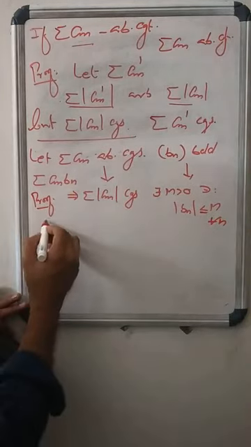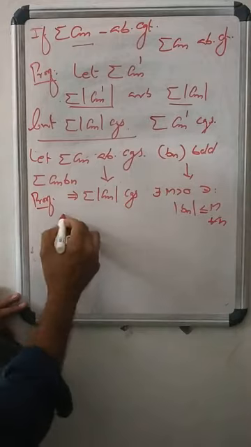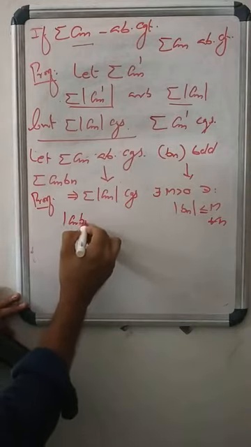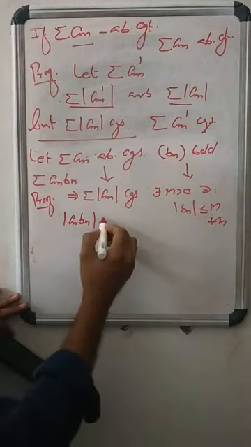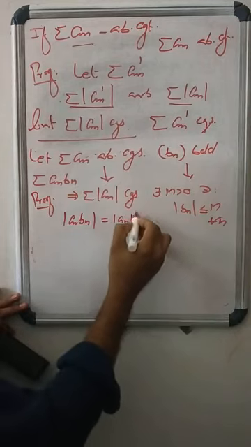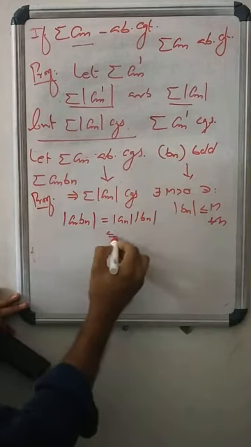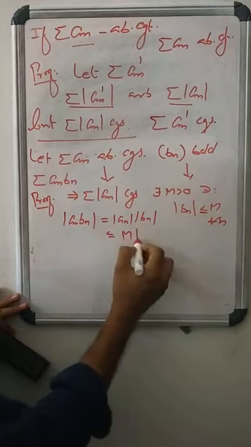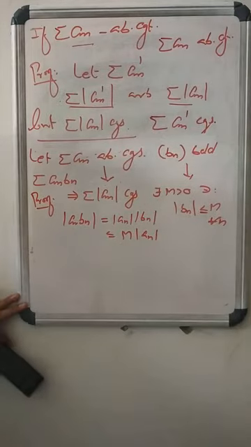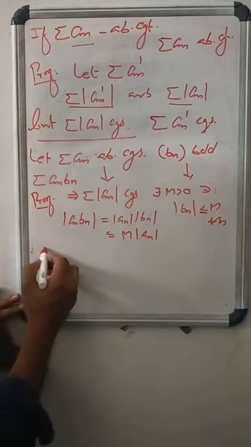So what about modulus of an bn? Mod an bn equals mod an into mod bn, which is less than or equal to m into mod an.